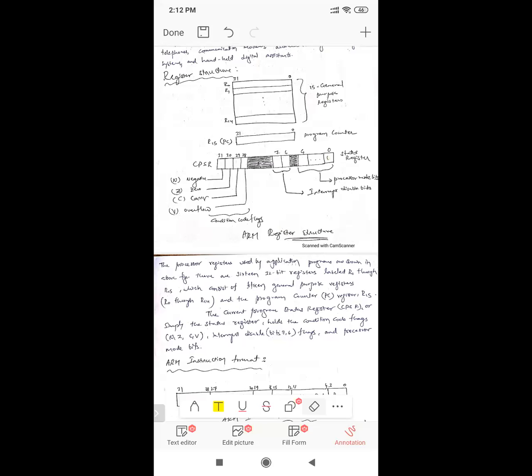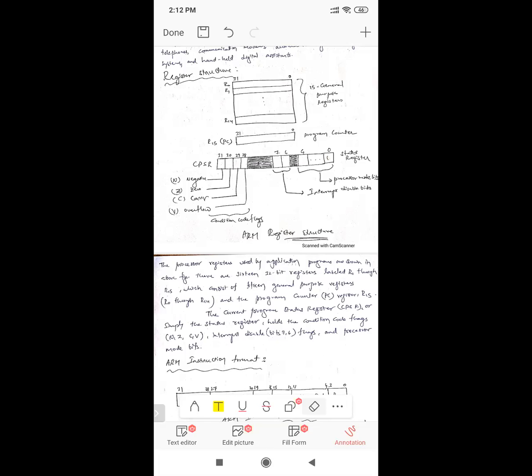The last 4 bits are used for condition code flag bits or status bits: zero flag, negative flag, carry flag, overflow flag. If the result of the operation is a negative number, the negative flag will be 1, otherwise 0. If the result of the operation is all zeros, then the zero flag is set to 1, otherwise 0.